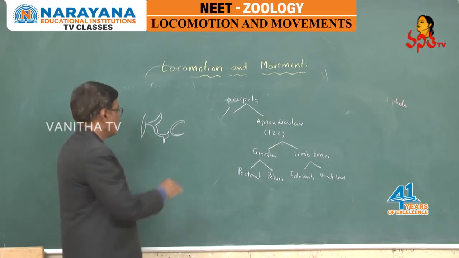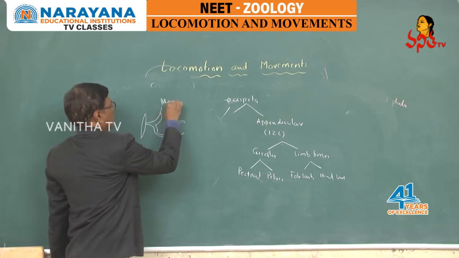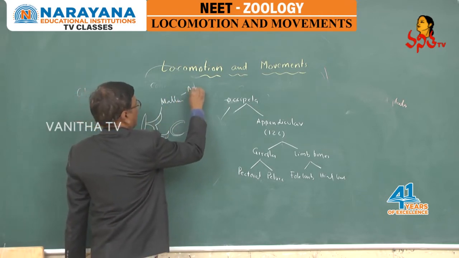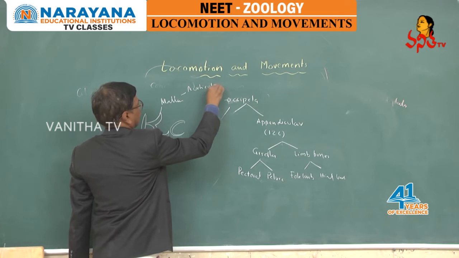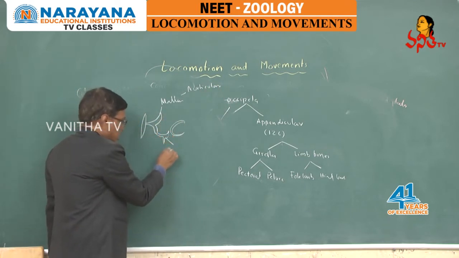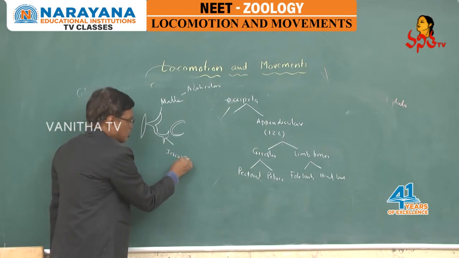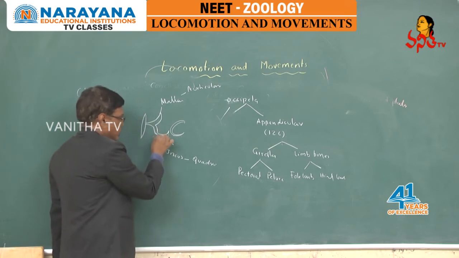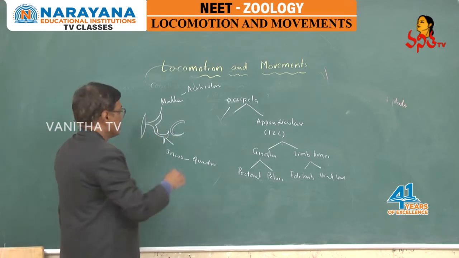First one is called malleus, which is the modified articular of the lower jaw, hammer shaped, mallet shaped. Incus is the second one, which is a modified quadrate of the upper jaw, anvil shaped.